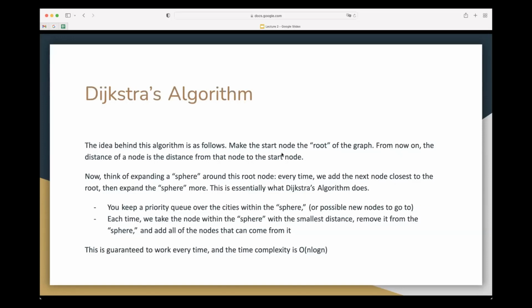So what we're going to do is we're going to have a priority queue over all of the cities within the list that we still need to process. For example, last time we used a queue and we said, think of this as like a to-do list, right? So we have a to-do list containing a bunch of different nodes that we are yet to process.